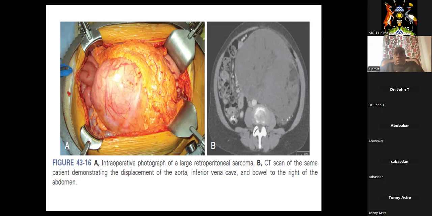So as the presenter told us about the retroperitoneal space, this is the space that lies between the parietal peritoneum and the posterior abdominal wall. So that region forms what we call the retroperitoneal space.